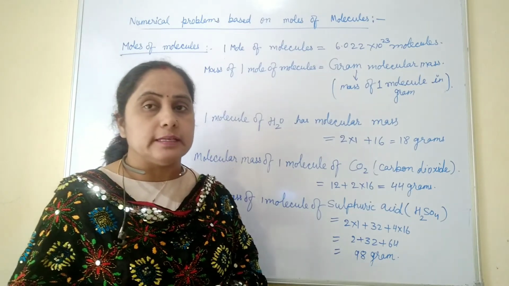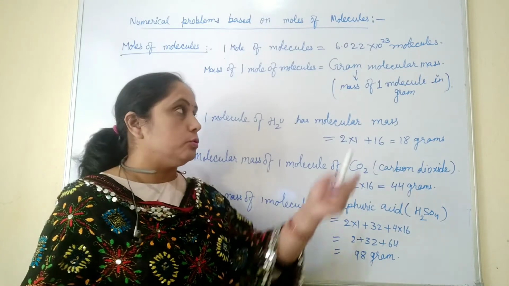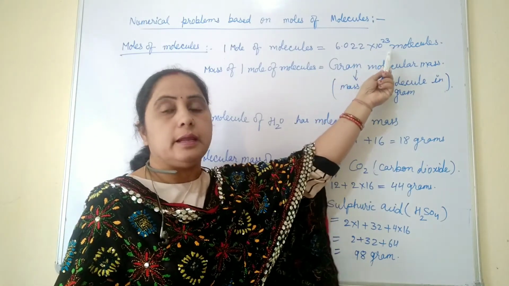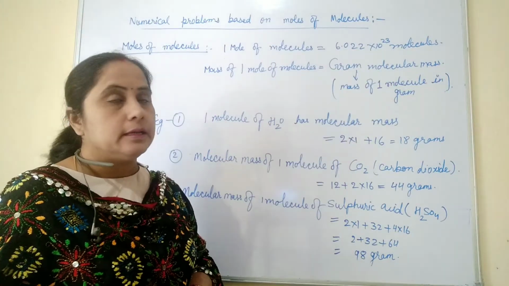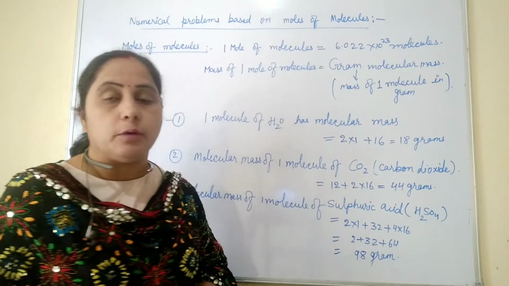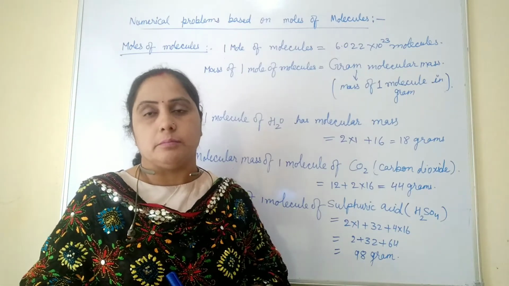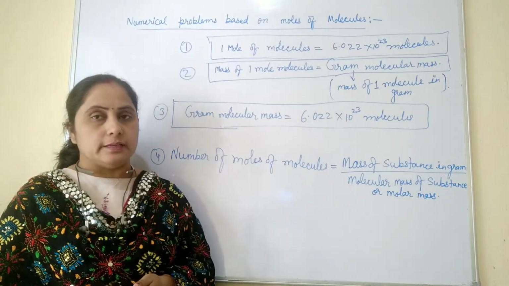And how many molecules does it contain? 1 mole of molecules contains 6.022 × 10^23 molecules. It means the mass of 6.022 × 10^23 molecules is equivalent to its gram molecular mass. From this we get three formulas.